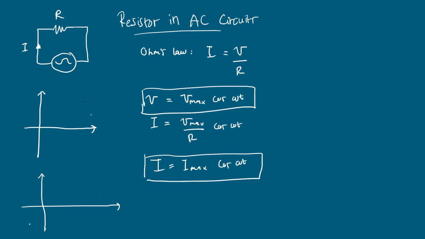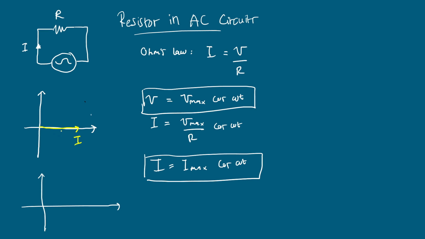If we create a Phasor diagram, we can see that this is I max, or maybe we can just use I instead of I max, so we can understand this concept easier.